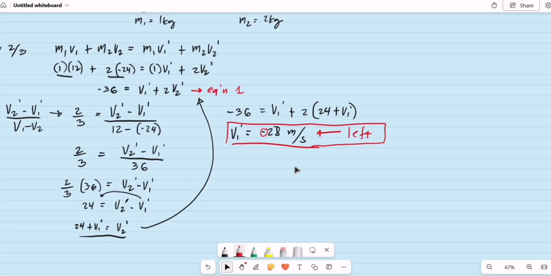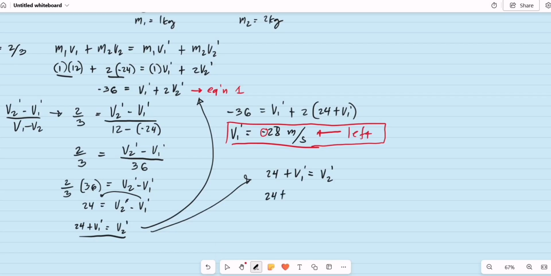Then we can now compute for v2 prime. From this equation, 24 plus v1 prime equals v2 prime. We substitute: 24 plus v1 prime, which is negative 28, equals v2 prime.